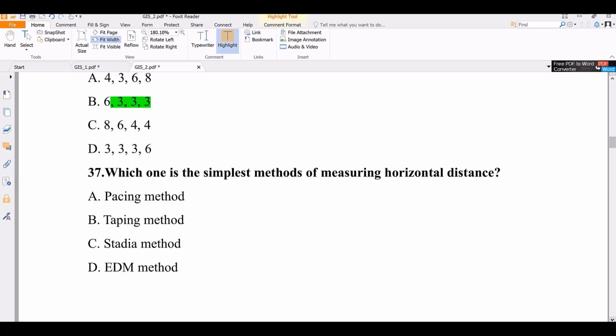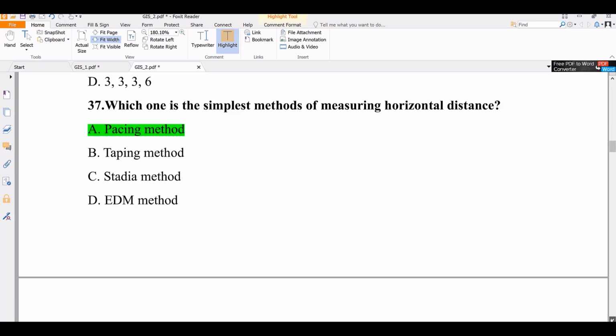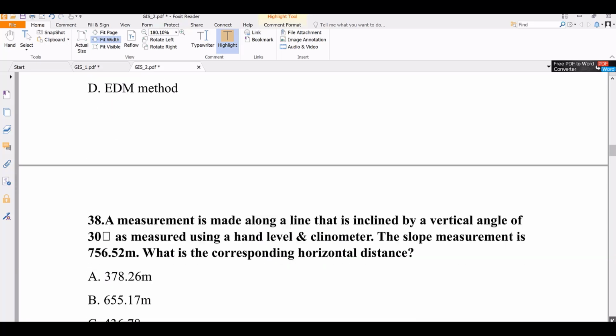Question number 37. Which one is the simplest method of measuring horizontal distances? Pacing meters, taping meters, stereo meters, ADM meters. So the pacing method measures horizontal distances very easily. Okay, great.